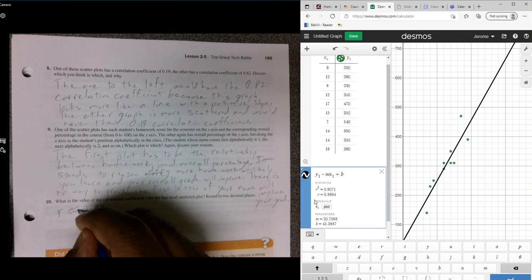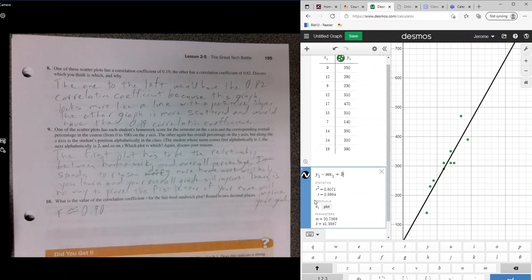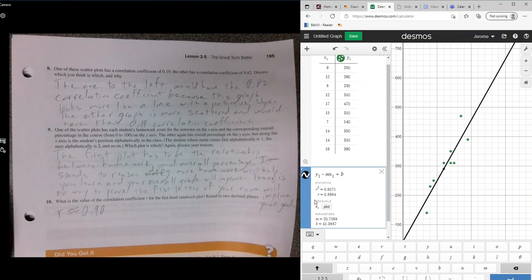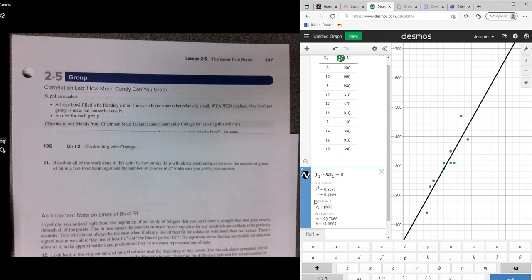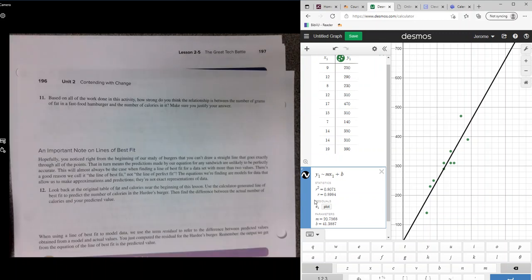Now we come to the next page. Number 11. It says, based on all of the work done in this activity, how strong do you think the relationship is between the number of grams of fat in a fast food hamburger and the number of calories in it? It's very strong.